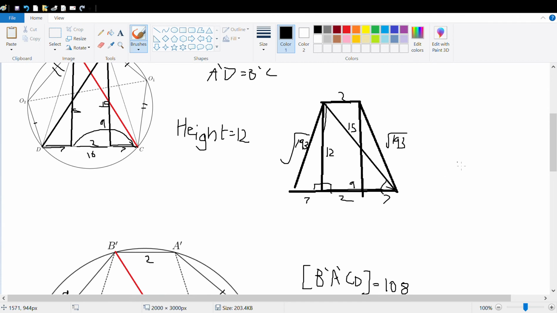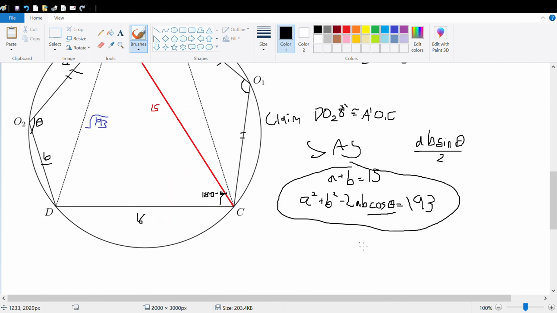The cosine is just 9 over 15, which equals 3/5. So that's cosine of 180 minus theta, and therefore we have that cosine of theta is negative 3/5 by trig. So now we can fill this in.